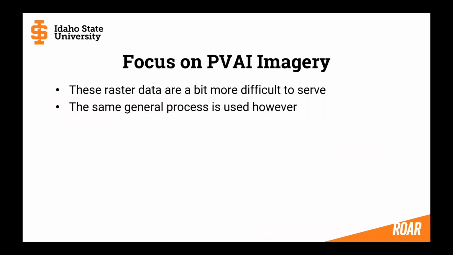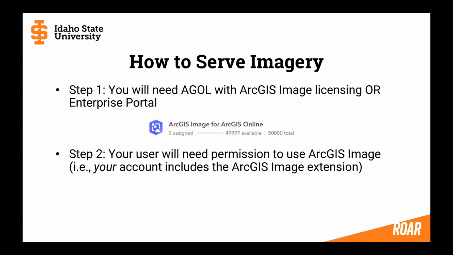I'm going to focus on the pixel values are important imagery because they're actually a little bit more difficult to serve. And if I can talk you through the process of serving this type of raster imagery, the same general process is used for any type of raster imagery, even if it's a little bit simpler in some cases. Okay, how do we serve imagery?